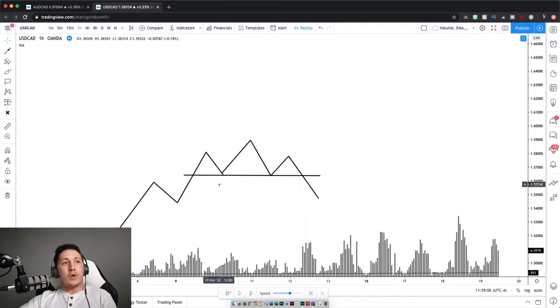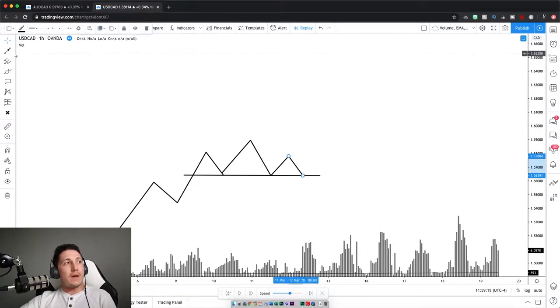Patterns that had small moves like this, some of them did work, of course, but they had a higher probability of failing than the ones that had the tall peaks, because those represented strong rejections.